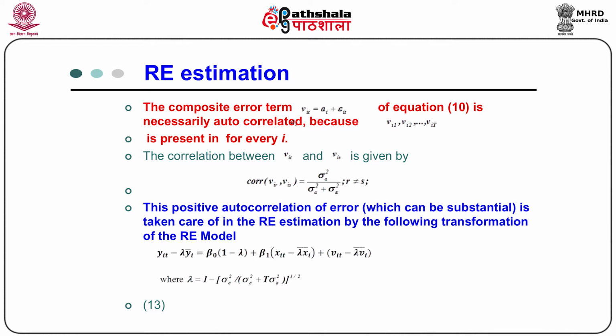That is, in order to avoid the problem of correlation between the error terms at two time points, a suitable transformation is made: y_it minus lambda y bar i equal to beta naught times 1 minus lambda plus beta 1 multiplied by x_it minus lambda x bar i plus v_it minus lambda v bar i.